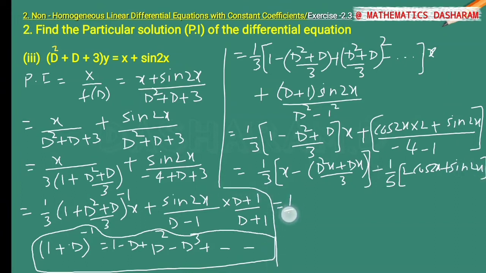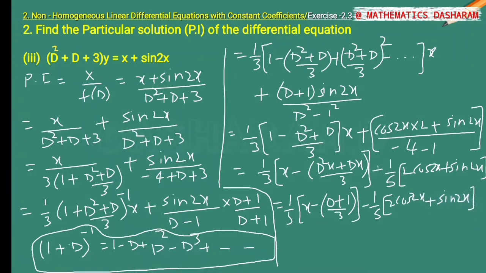So it equals 1 by 3 bracket of x minus derivative of x, 2 times derivative of x is 0, 1 time derivative of x is 1 by 3, minus 1 by 5 into 2 cos 2x plus sine 2x.